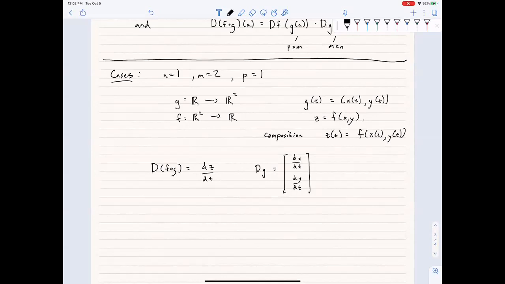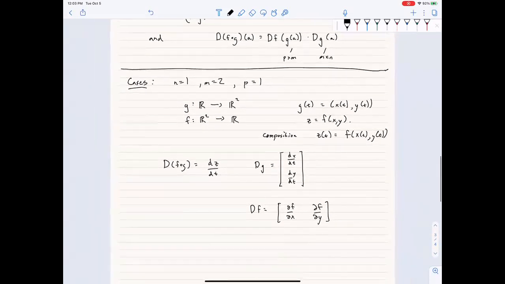So you get a matrix of two functions. And df, the total derivative of f, is a 1-by-2 matrix: del f del x, del f del y.